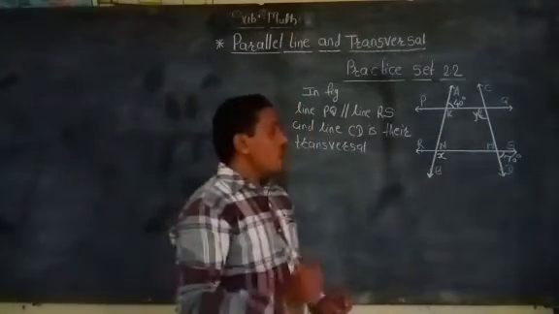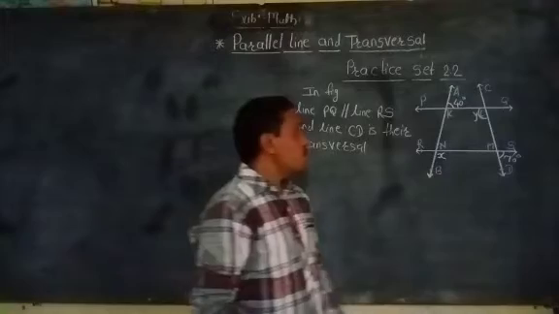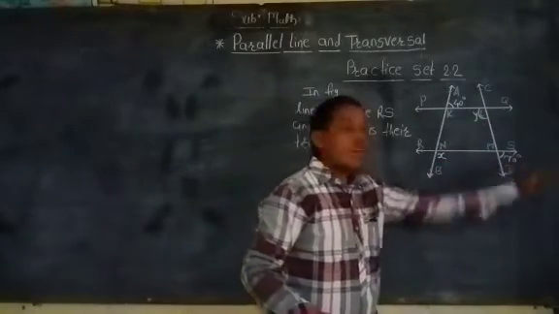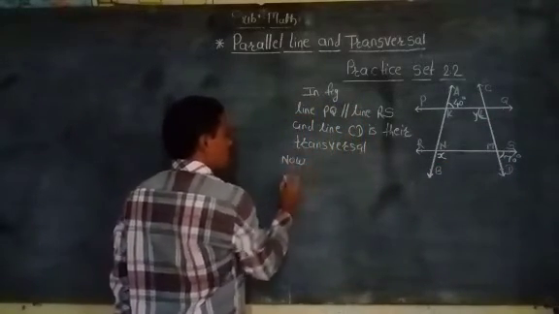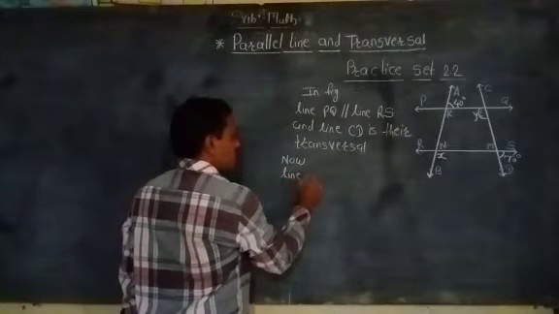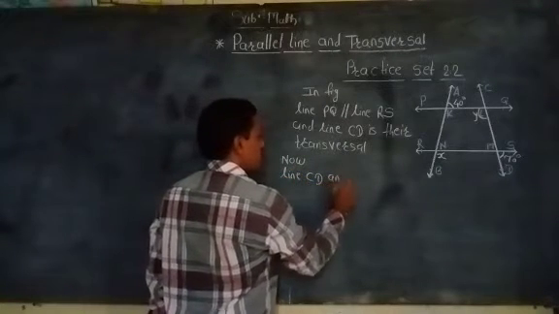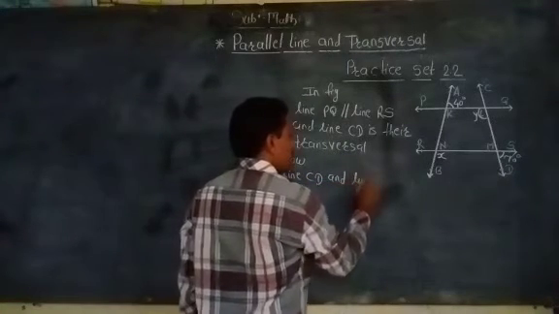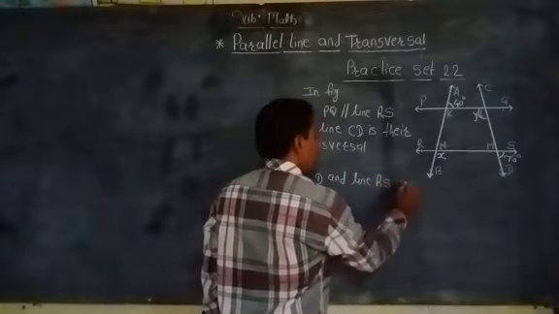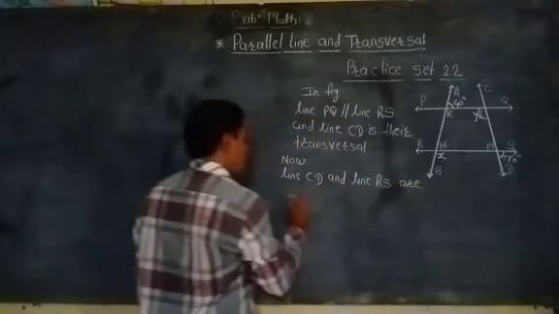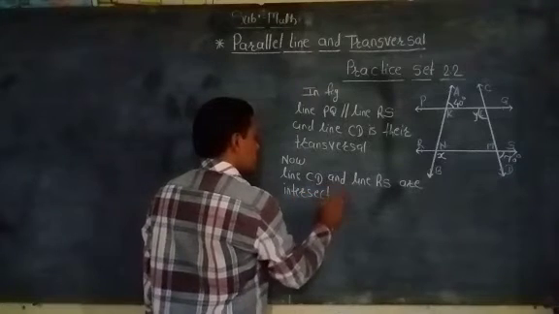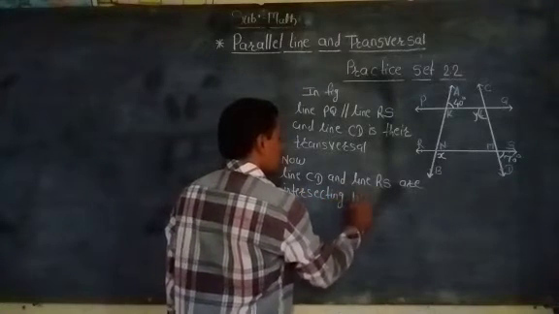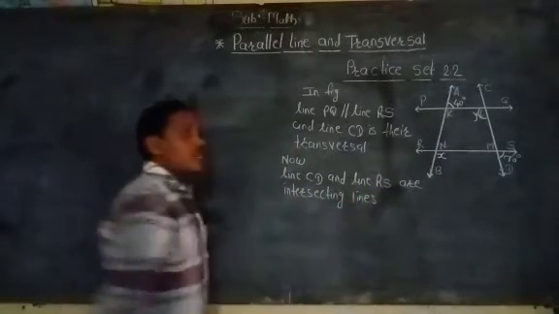First of all, we have to find the relation between line CD and line RS. Line CD and line RS are intersecting lines.